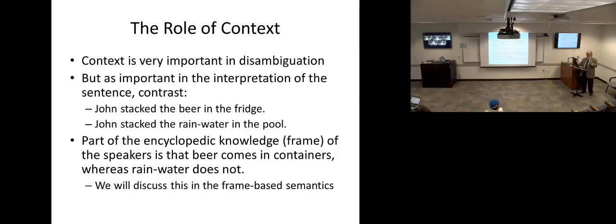Because maybe we just ferment our own beer and you just drink it directly, so you have it there, right? You know, so my point is, it's just a feature of our society that beer comes in stackable containers, okay? Or that you would stack it in the fridge, right?